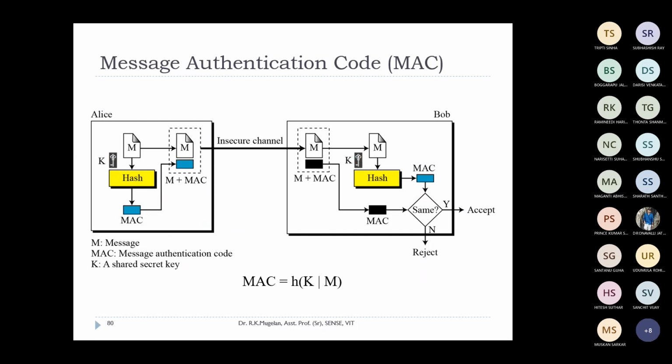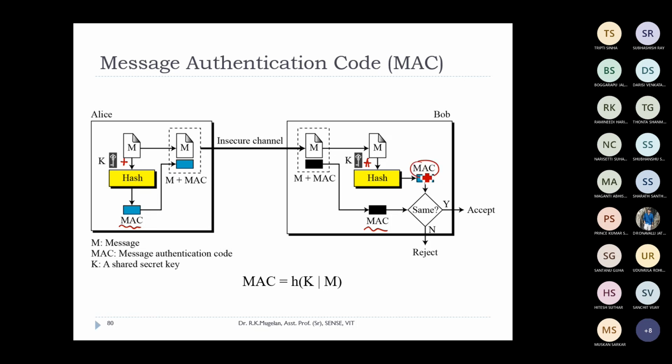If you hide the key, this will look the same as our hashing algorithm. But they add this key to the message and perform the hashing algorithm to get the output called the message authentication code. This is appended to the message and sent. At the receiver end, they take the MAC separately, take the message, and add the key which is already shared with the receiver. So they can create the MAC again and compare.